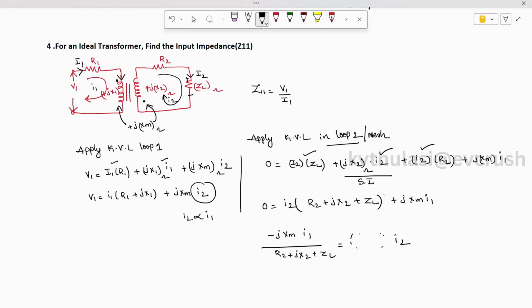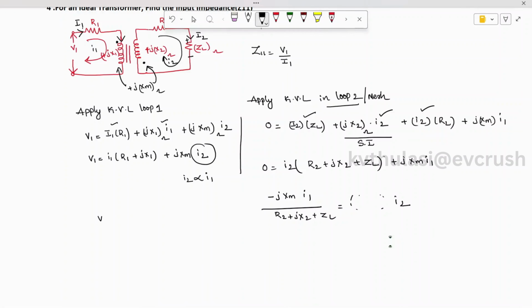Now directly substitute the value of I2 in the first equation. V1 is equal to I1 into R1 plus jX1, plus jXM multiplied by I2, where I2 is minus jXM into I1 divided by R2 plus jX2 plus ZL.